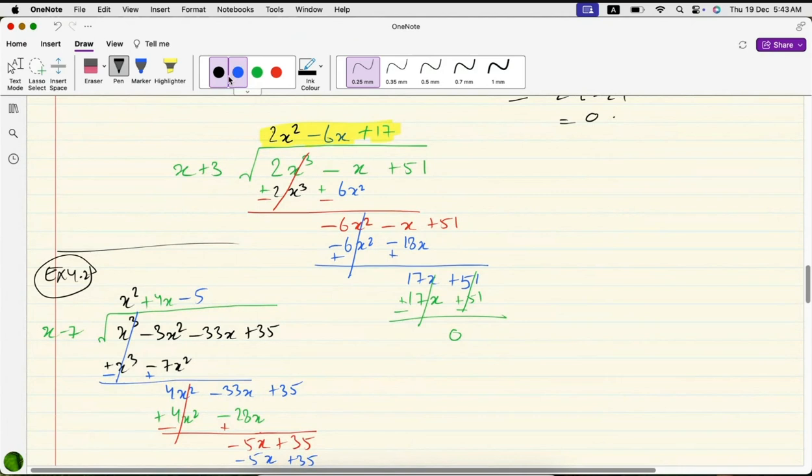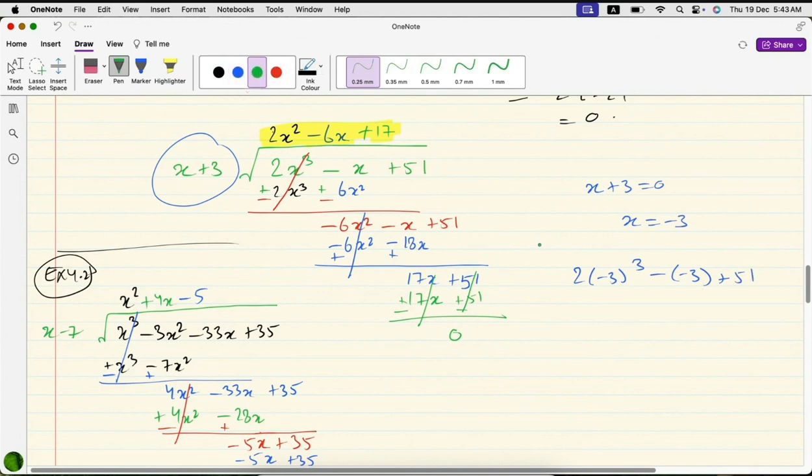Similar way, if I use this, x plus 3 is equal to 0, x is equal to minus 3. So I'm substituting minus 3 in the polynomial. See, minus 3 cube is minus 27, and 27 into 2 is 54, plus 3 plus 51.